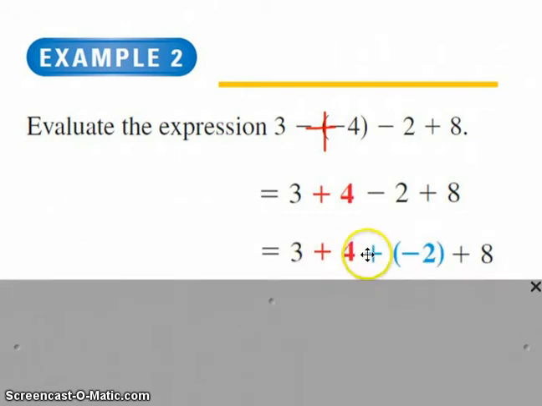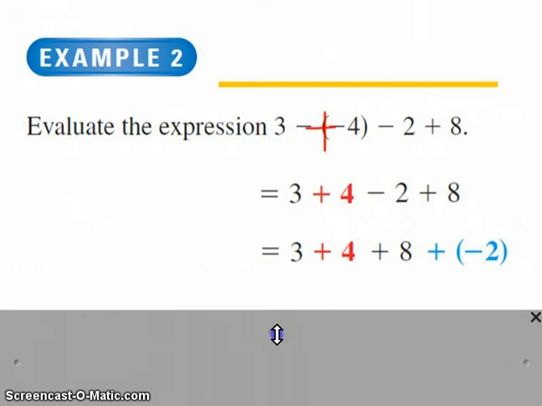Now, everything is plus. Now, there is a negative in here, that's okay, but I'm not doing any subtraction. All the actions are additions. So now I can move things around, and that's exactly what I'd like to do. I'm going to put all the positives next to each other, and I'll leave the negative off by itself on the right.